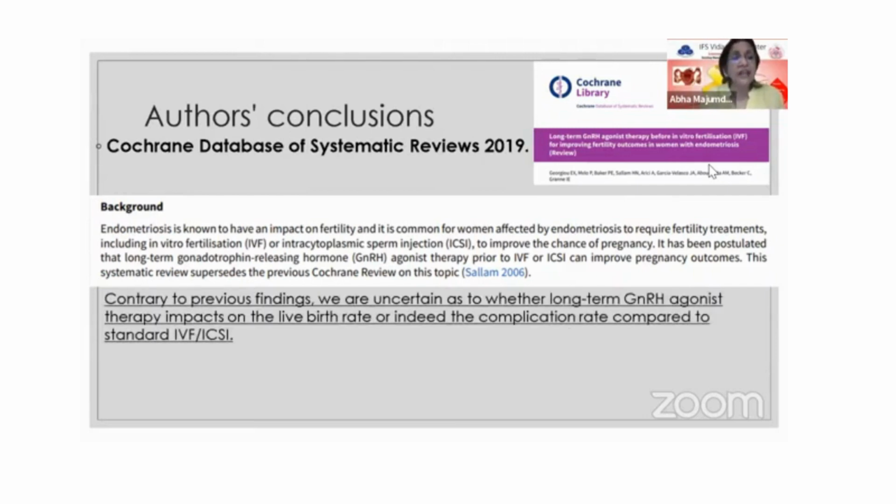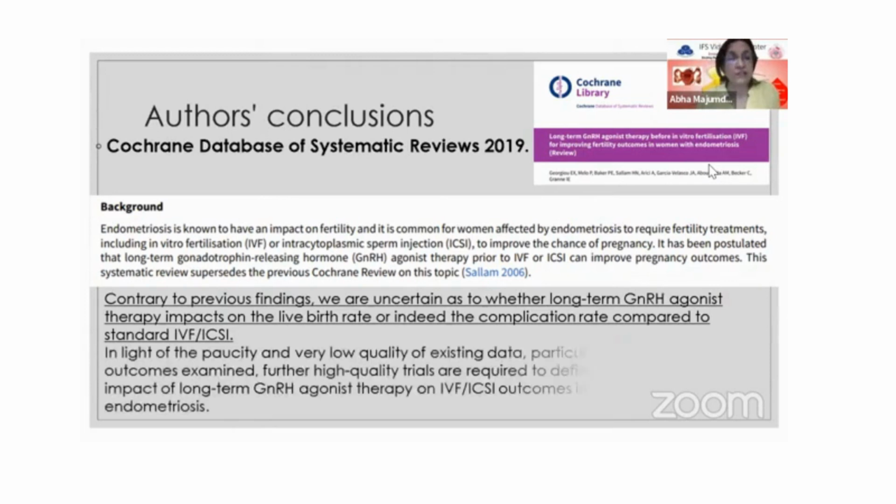And what does it say? Contrary to the previous findings, we are uncertain as to whether long-term GnRH agonist therapy impacts on live birth rate, which earlier was said 9 times higher, and pregnancy rates were 4 times higher, and whether it even has an effect on complication rate compared to standard IVF ICSI, where no downregulation is done.